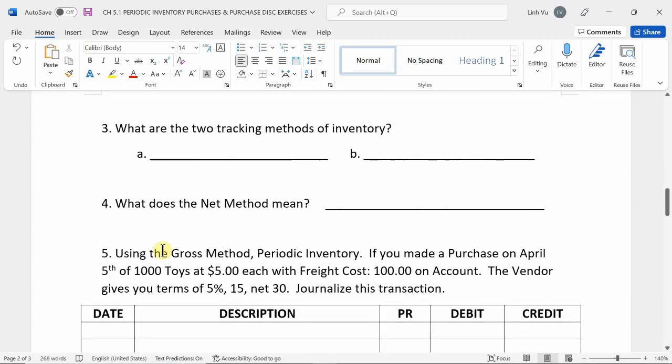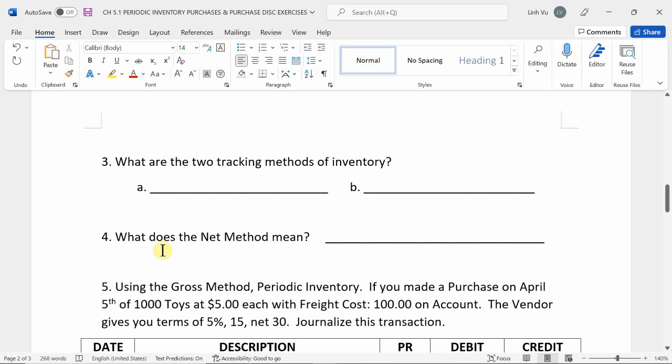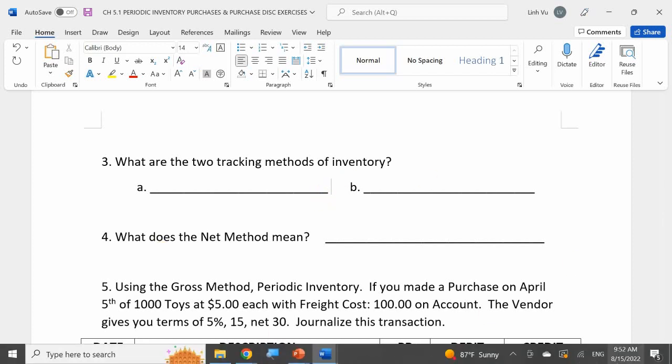Okay. Number 3, what are the 2 tracking methods of inventory? Periodic and perpetual.